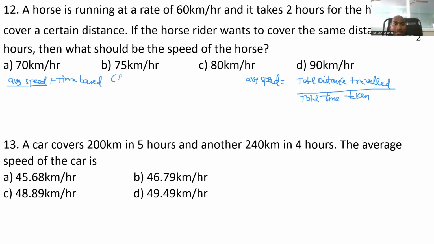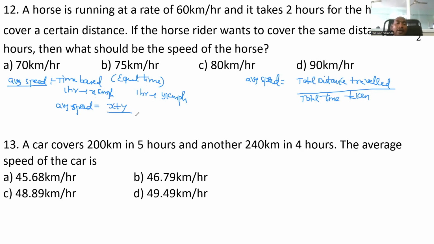So in that equal time, example 1 hour I am going with x kilometer per hour, the other 1 hour at y kilometer per hour, then the average speed equal to total distance traveled, x plus y, by number of hours.